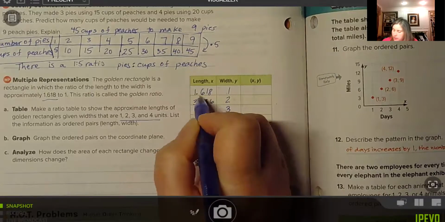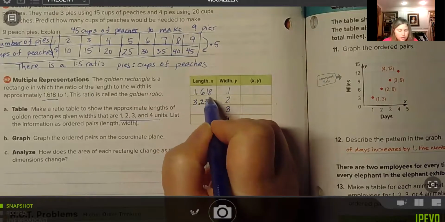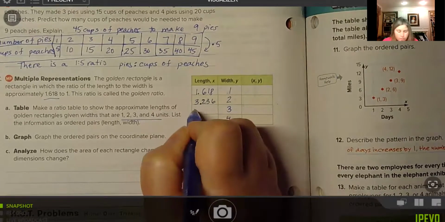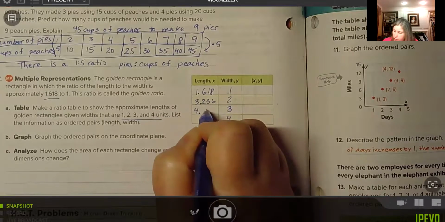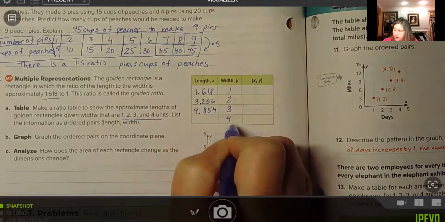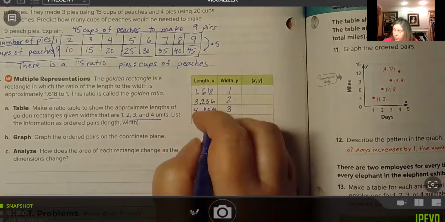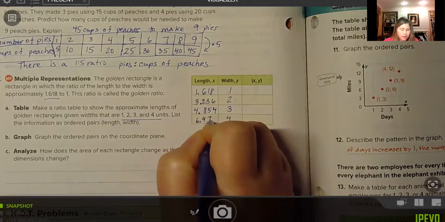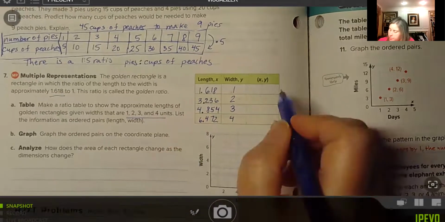So 16 doubled is 32, 18 doubled is 36. If the width is 3, we'll get 4.854. And if it is 4, we'll get 6.472. And then we can write these as ordered pairs.